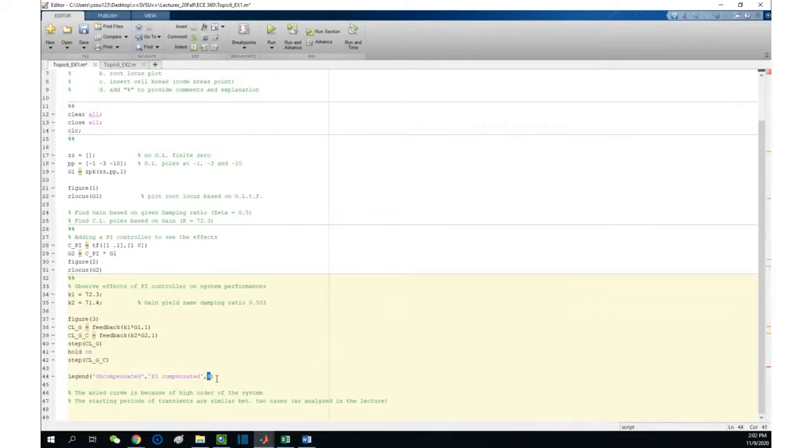Anyone know what it is? This 4 indicates the location where you want to place your legend, which absolutely matters. Because if you locate it at the wrong place, it can cover part of the result curve, right? Very bad. You need to choose the proper location to place your legend.